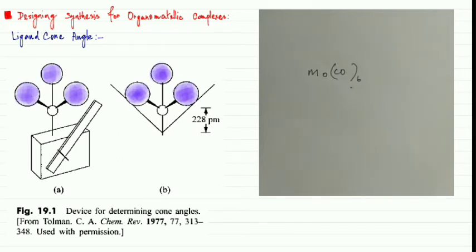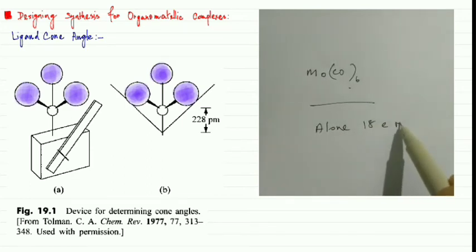The reason is that carbonyl ligands are not sterically hindered. That means their size is very small.